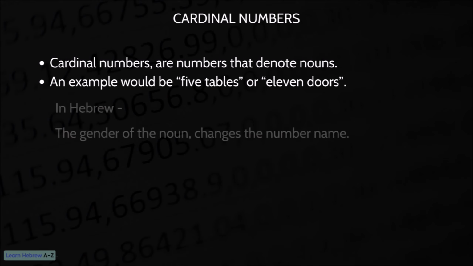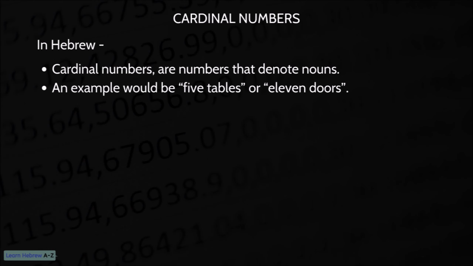So how does that work in Hebrew? In Hebrew, the number name changes according to the gender of the noun. This behavior is very similar to the numbers 1 to 10 covered in a previous lesson. Simply put, if you count nouns of masculine gender, you cannot use the feminine number names and vice versa.